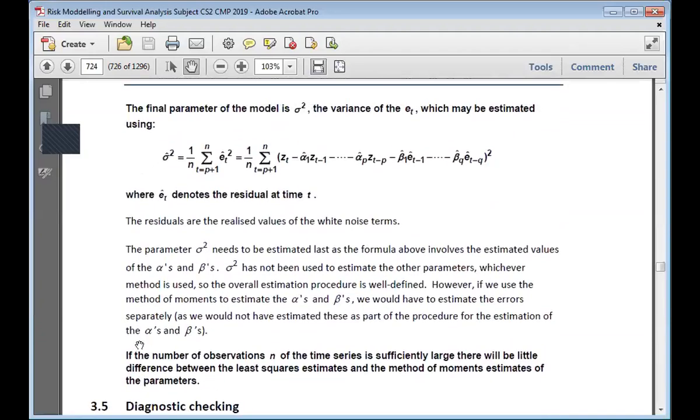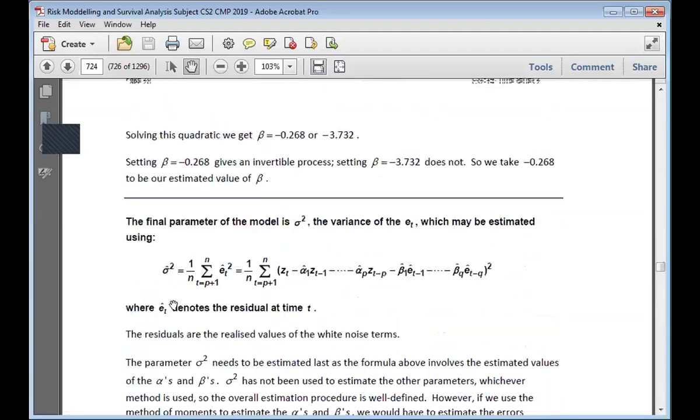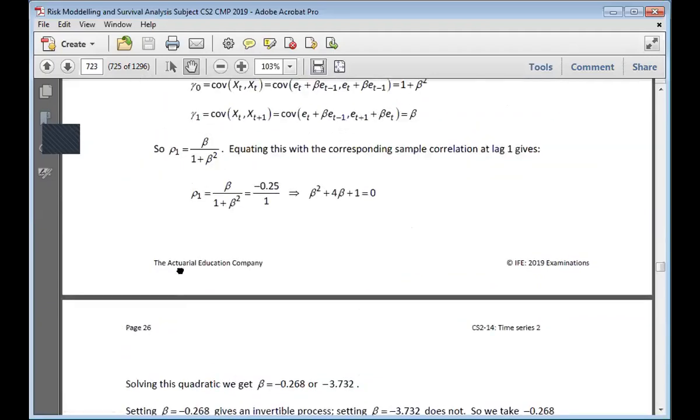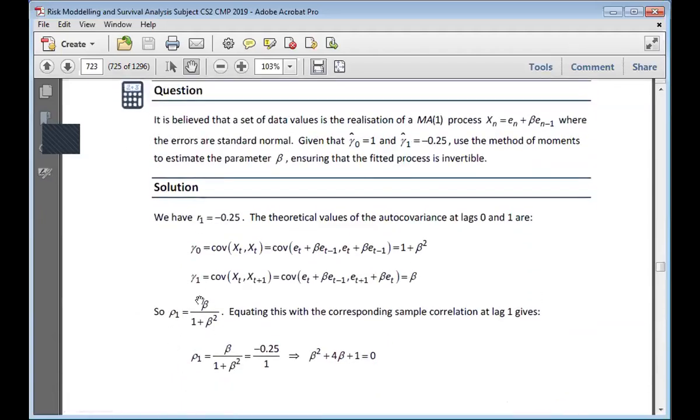So yeah, we have to realize that this sigma square has not been used to estimate the other parameters. Here you would be surprised to see what happens. Actually, not even surprised. I guess you must have expected that this is going to happen. Let us say instead of standard normal, I just have normal, so I have 0 comma sigma square here. So my variance here would be what?